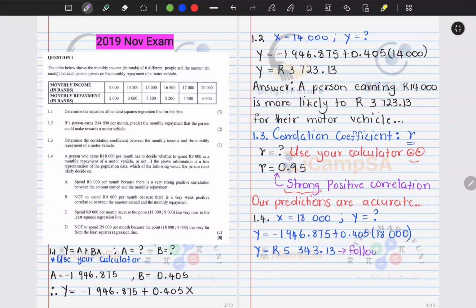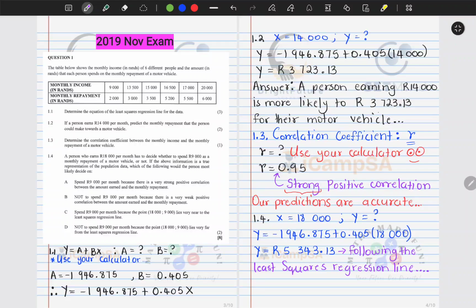This would be the case if this was following the least squares regression line. So if you look carefully, clearly the person is not following that because they were supposed to pay about 5,300 while they want to pay 9,000.